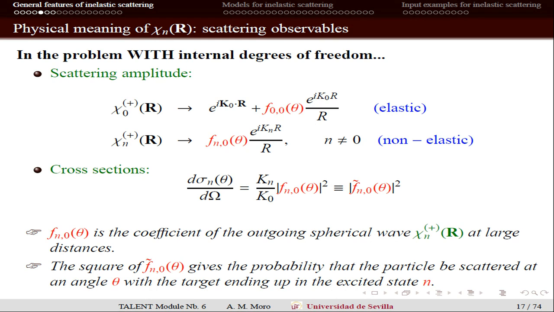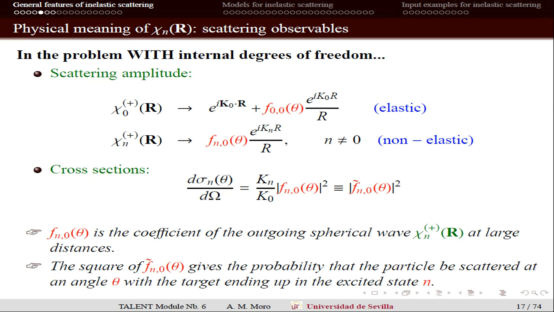But for the inelastic channels, we don't have a plane wave, because initially the system is in the ground state. But of course, after the scattering by the target, some of this spherical wave will correspond to the target in the excited state, in one of the possible excited states. So we may have an outgoing wave, even if we don't have an incident plane wave.